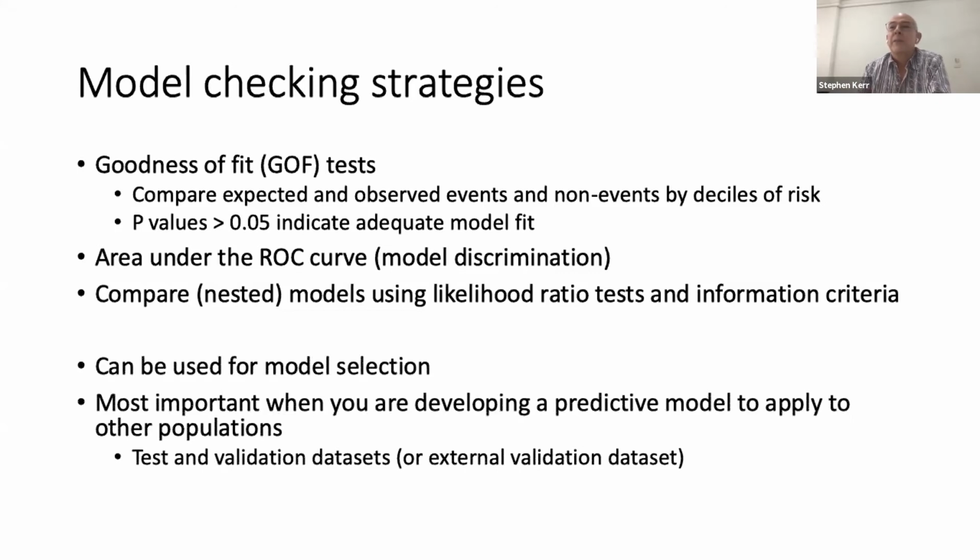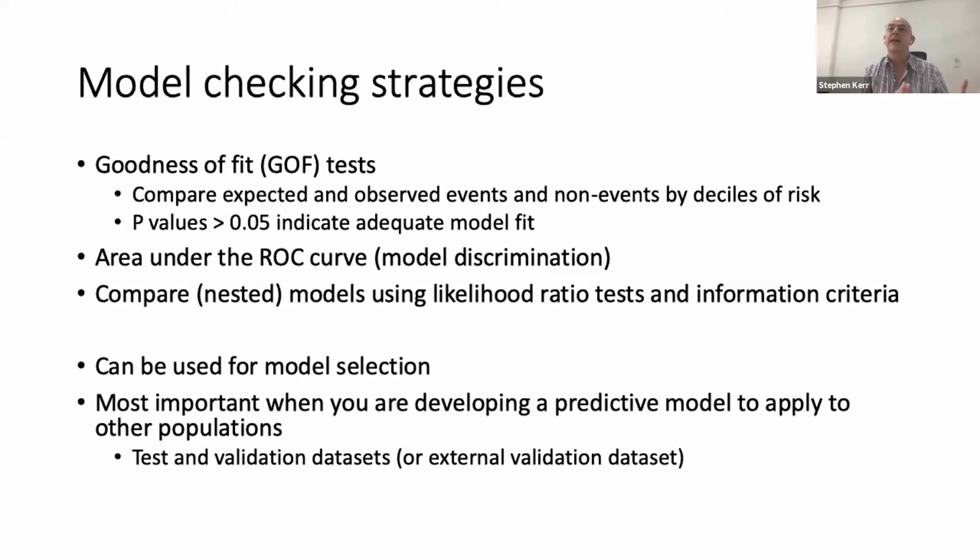Now, these things can be used for model selection within your own model, but they're most important when you're developing a predictive model that you want to apply to other populations. And in this kind of situation, if you had a big data set, you would divide your data set into a testing data set of about 70% of your observations and a validation set of about 30% of your observations.